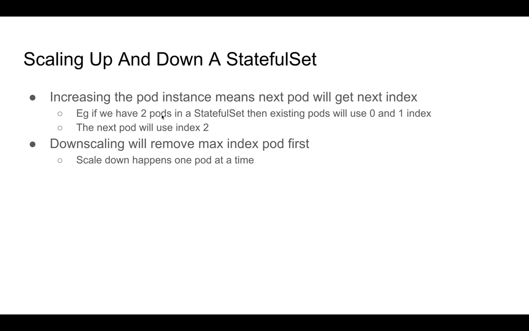For example, if you have 2 pods in the stateful set which use index 0 and 1, the third pod will use index 2. When you are downscaling your stateful set, the downscaling happens 1 pod at a time, and we will see in the subsequent slide that the latest pod will get removed first. If there are 3 instances, 0, 1, 2, the 2 one will go first, and 0 and 1 will stay if you are downscaling from 3 to 2.